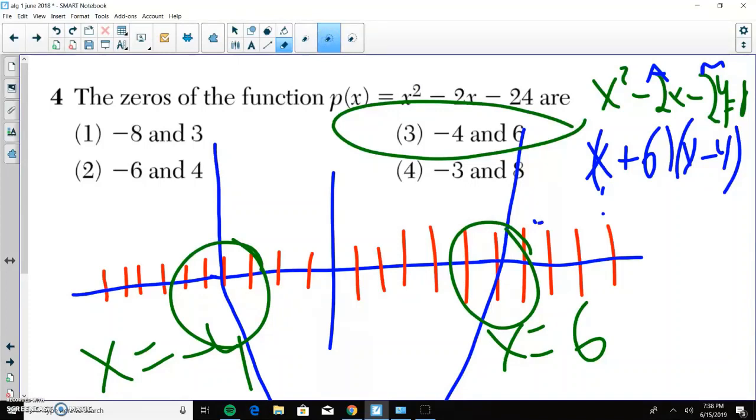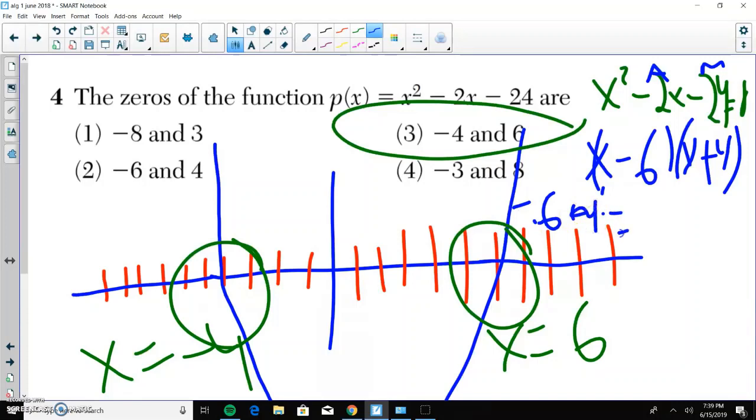So it'll be x minus 6 and x plus 4. Why is it this? Because negative 6 plus 4 gives you negative 2, so it adds to negative 2, and then negative 6 times 4 equals negative 24.